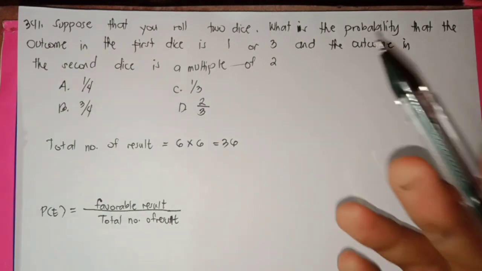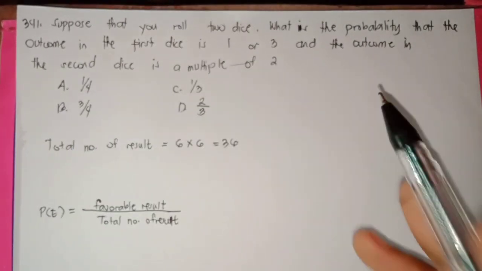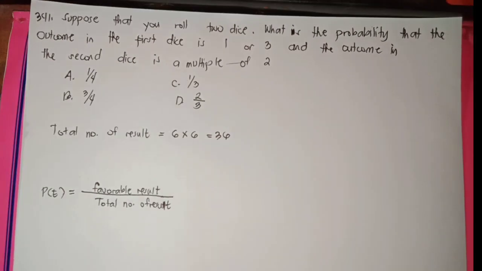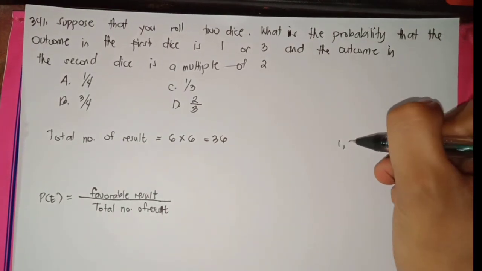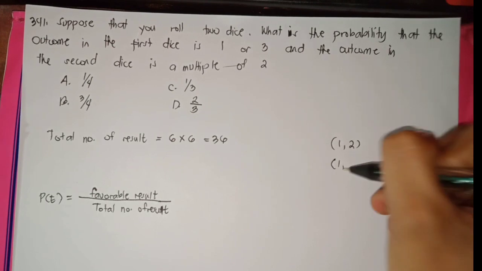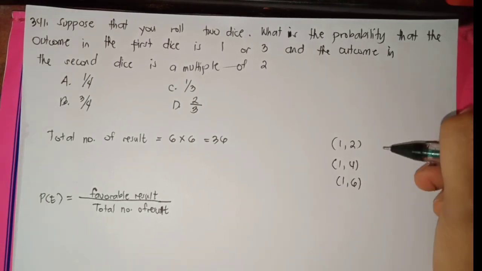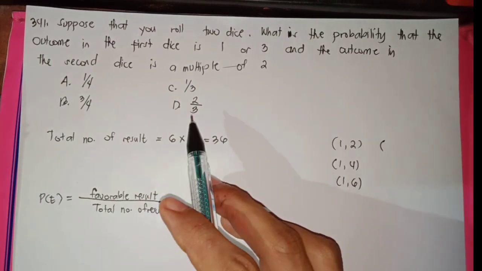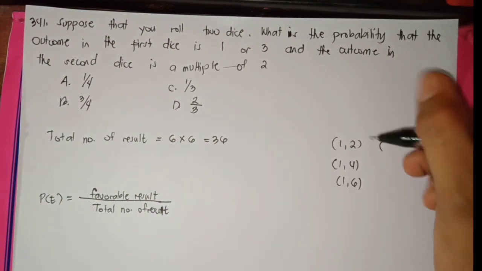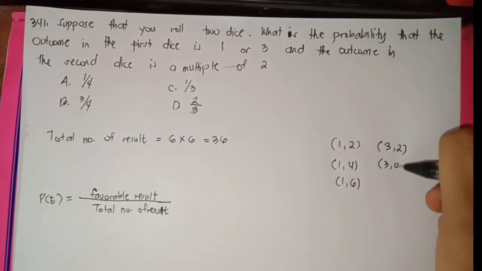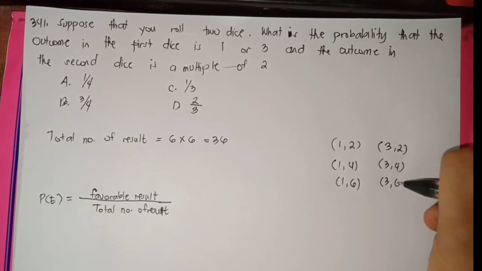We all know that the multiples of 2 on one die are only 2, 4, and 6. So we can conclude that the possible results must be 1,2; 1,4; 1,6. As well as for the first outcome 3, we can have 3,2; 3,4; and 3,6.